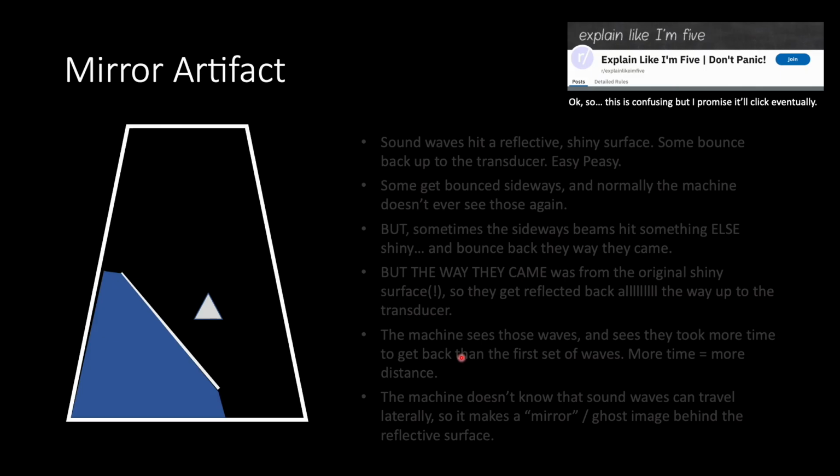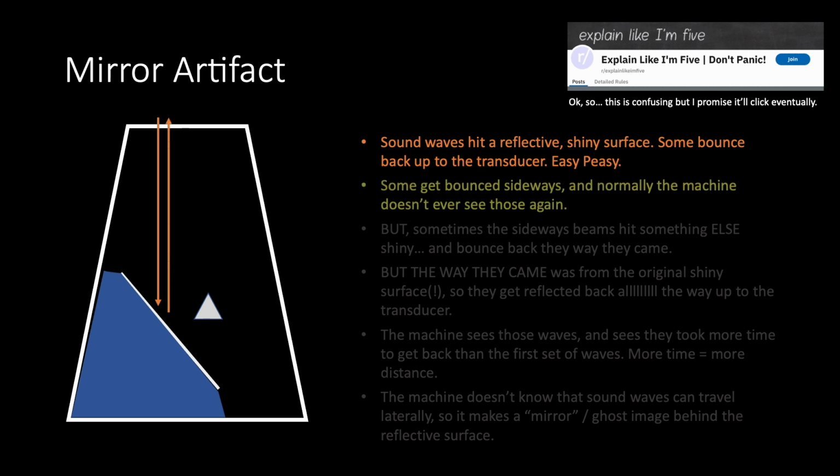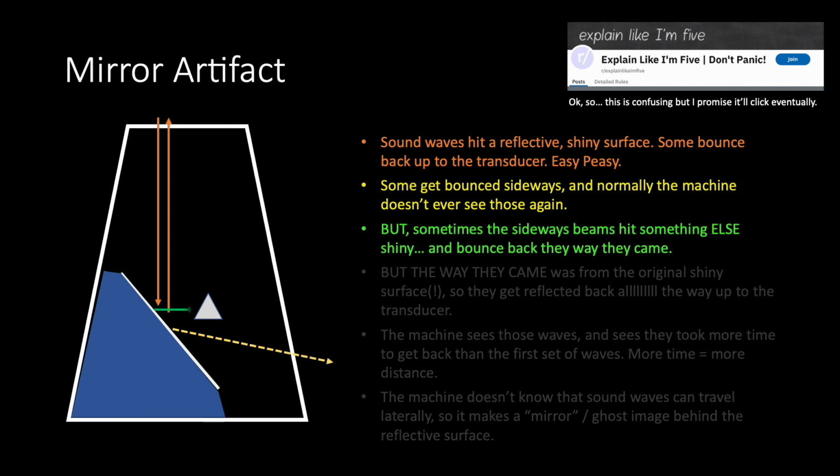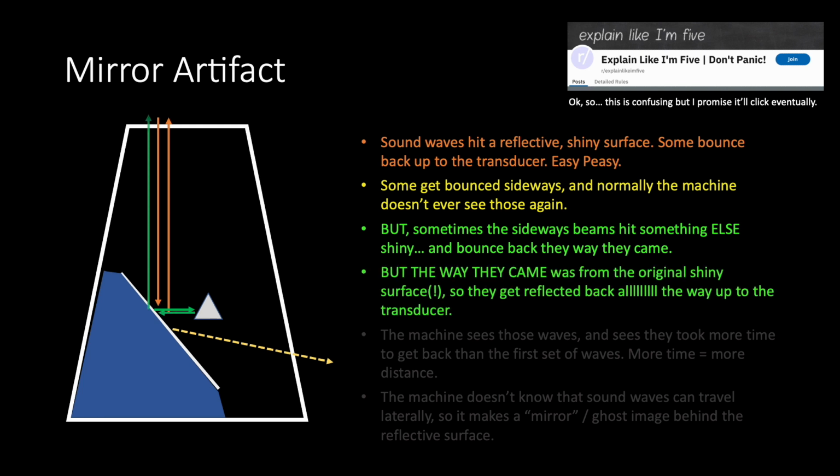Mirror artifact can be a little bit confusing, but I promise it will click eventually. So basically what happens is that sound waves will hit a reflective shiny surface, and some will bounce up to the transducer. However, some will get bounced sideways and we'll never see them again, and we don't need to worry about them. But some of those sideways reflected waves will bounce off of things inside the liver and be reflected back off of that curved structure of the diaphragm up to the ultrasound probe.